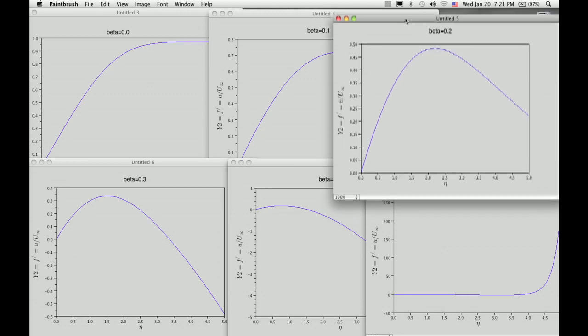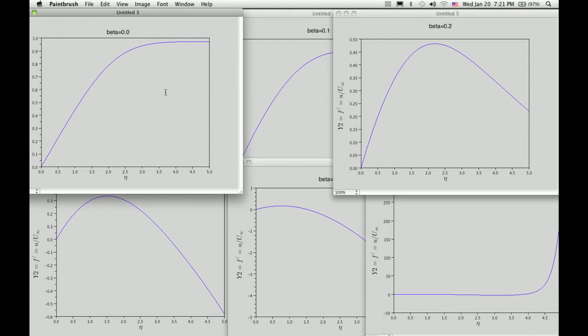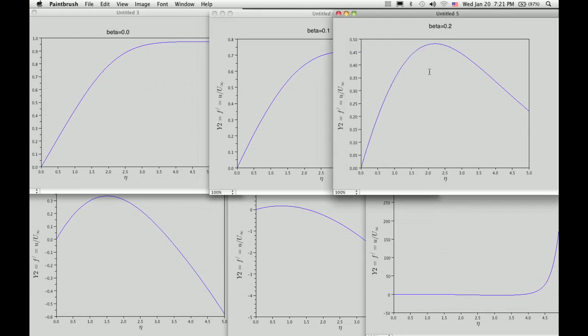Okay, so what we see is that this was 0.2 and 0.3 now. So clearly here it's totally positive, and here also it is positive. Positive in the sense that u is in the direction of the free stream. Now here, till about 2.5, like I said, it reached that and it came down, but it's still positive, right?